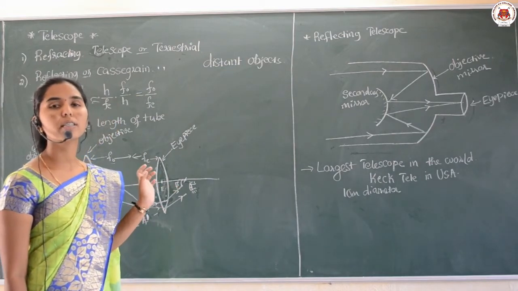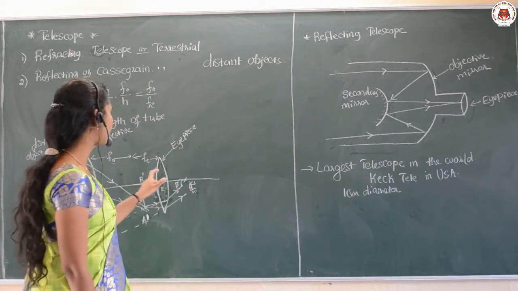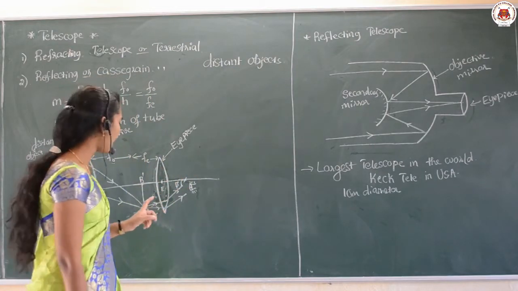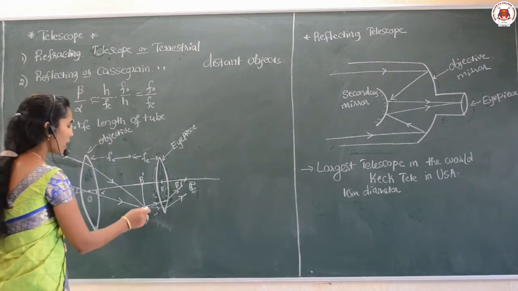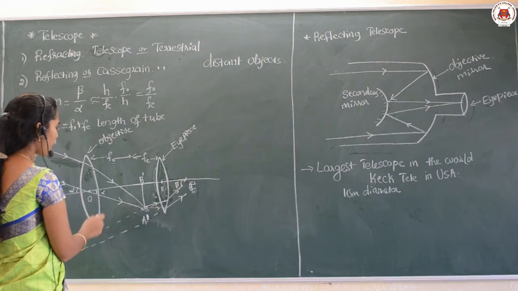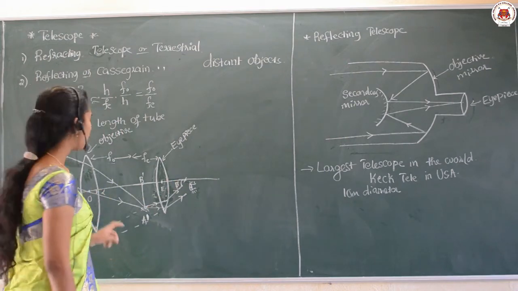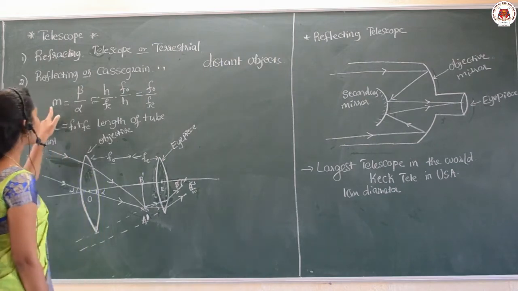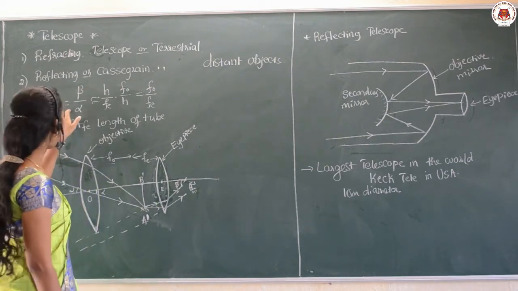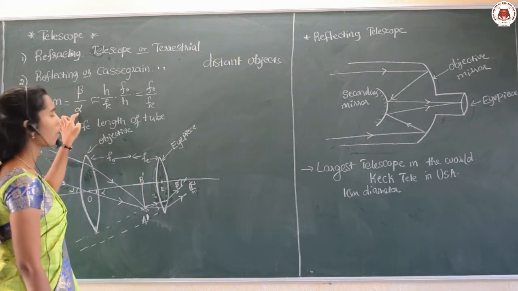So this is how the refracting telescope works. And here you can see angle beta is formed by the image and angle alpha is formed by the objective. So the magnifying power m of the telescope can be taken as beta upon alpha.